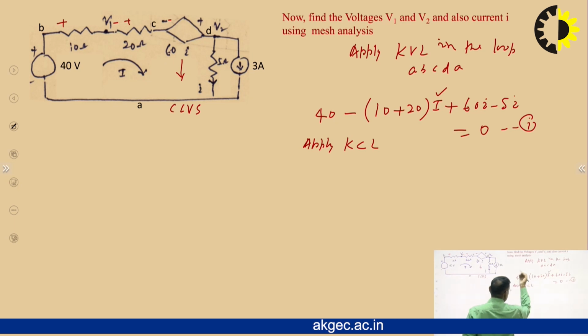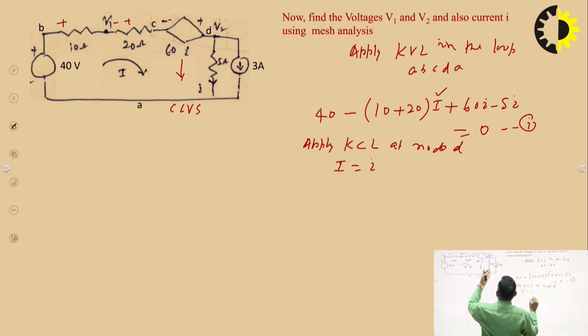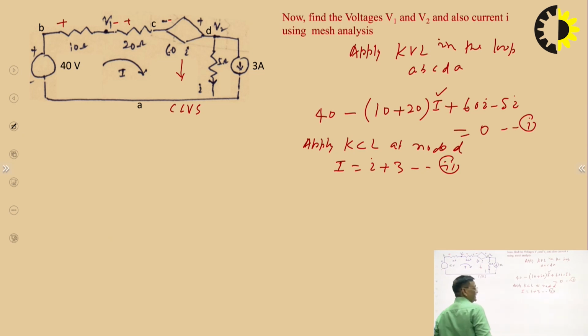We have applied KVL, now KCL at node D. At node D, I is approaching and i is leaving, and 3 ampere. This is the second equation. From the first and second we can get the values of capital I and small i.